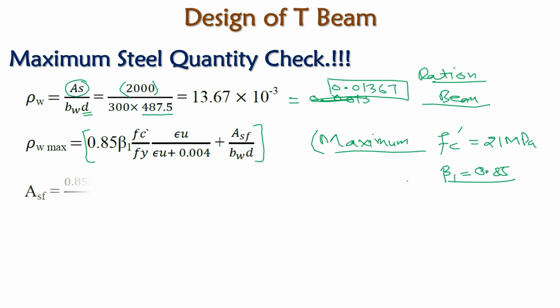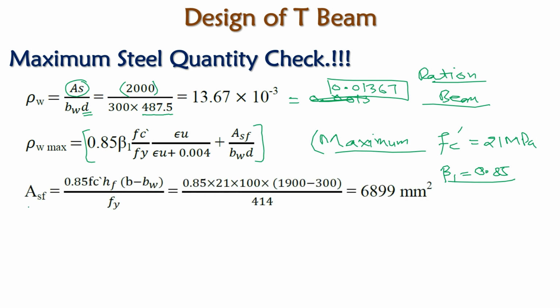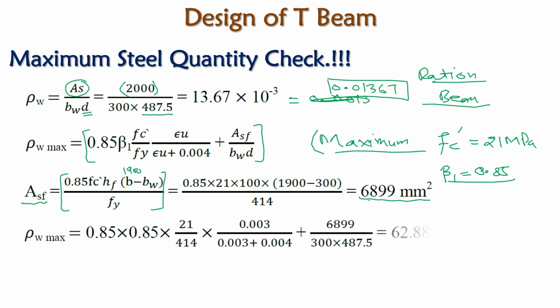Here we have to calculate ASF, the area of steel in flange, which is calculated by this formula. We discussed this formula in the last lecture. So 0.85 Fc prime, we have all the values available. B is the effective flange width, that is 1900 millimeter.